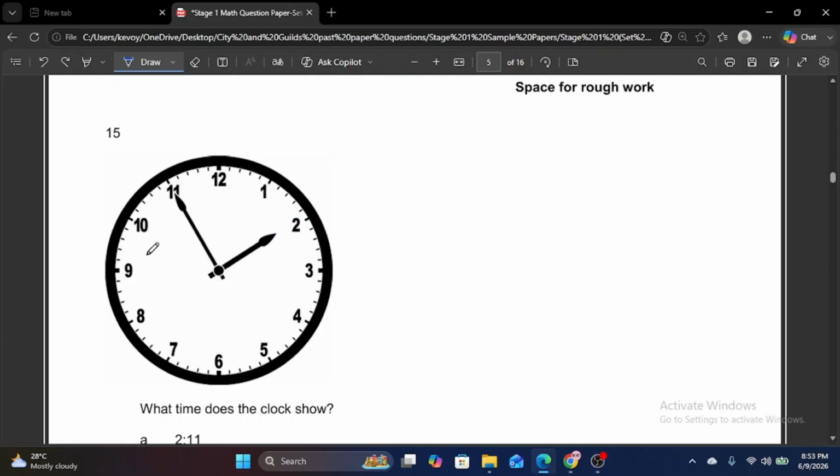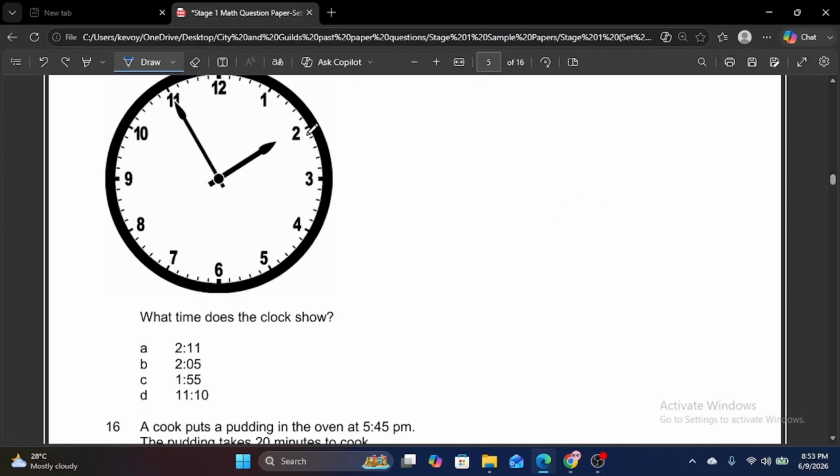So it is still considered 1, and the minute hand is on 11, so that's going to be 1:55 because it's approaching 2 o'clock. So it's going to be C. That's the time right there.